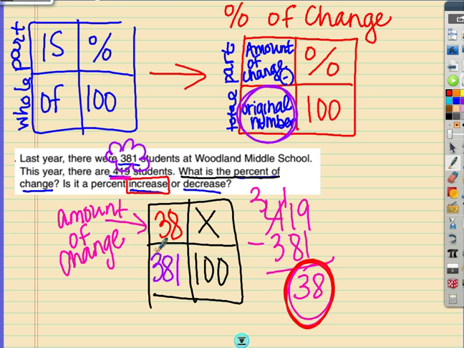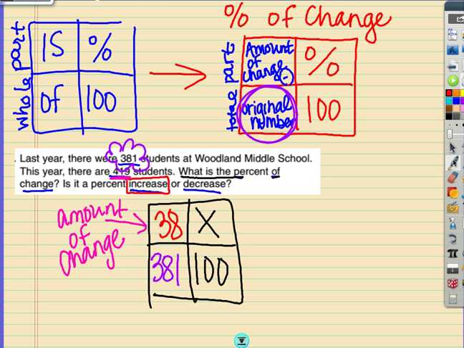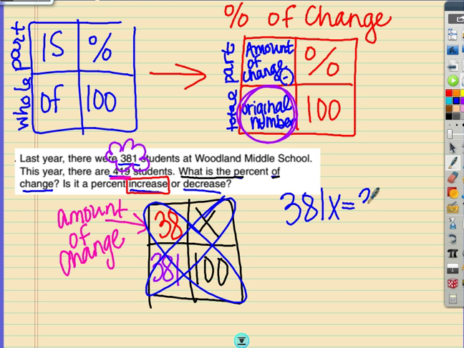Now to solve this proportion, the great part about solving a proportion is that every single time you solve it the same way. I'm going to multiply 381 times x, which is 381x, and 38 times 100, which is 3,800. So 381 times x equals 3,800.